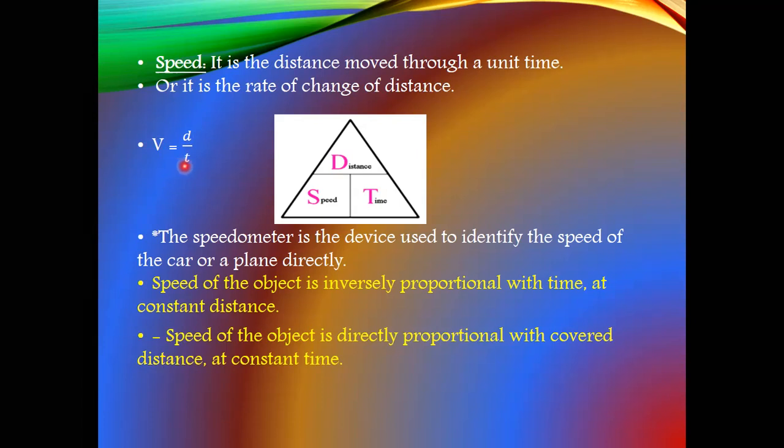It means when the time increases, the speed decreases at constant distance. So inversely proportional means one increases and the other decreases, but directly proportional means both of them decrease or both of them increase.